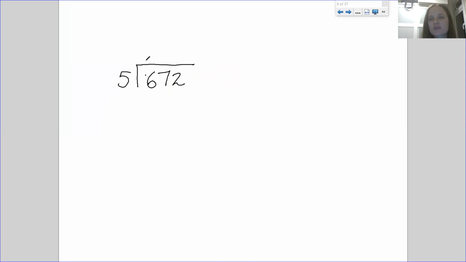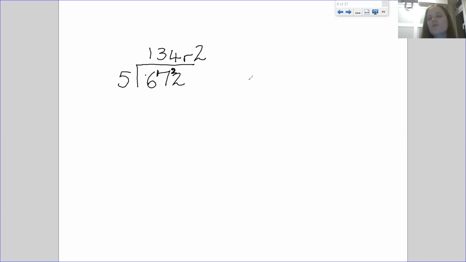Can 5 go into 6? It can. It goes once with a remainder of 1. Can 5 go into 17? It can. It goes 3 times with a remainder of 2, and I'm going to put it there. Can 5 go into 22? It can. It goes 4 times because that takes you to 20, and I have a remainder of 2.